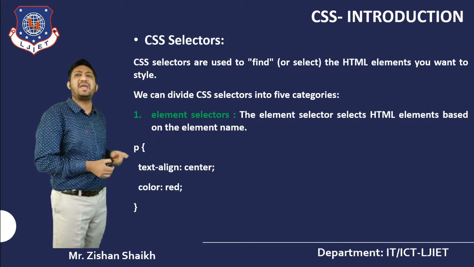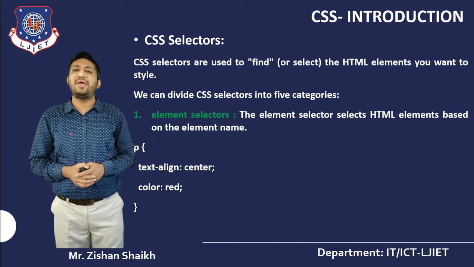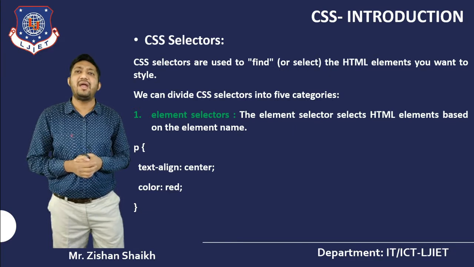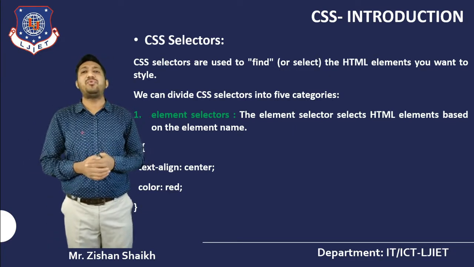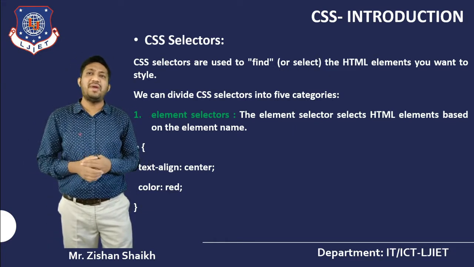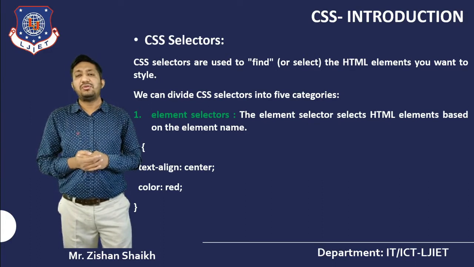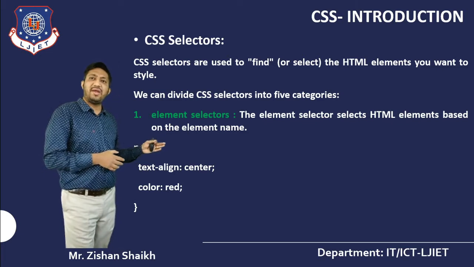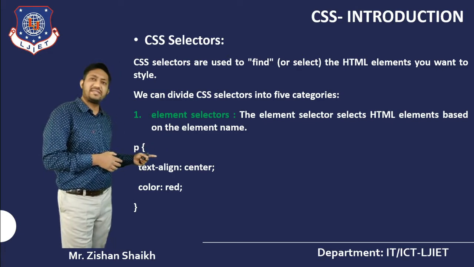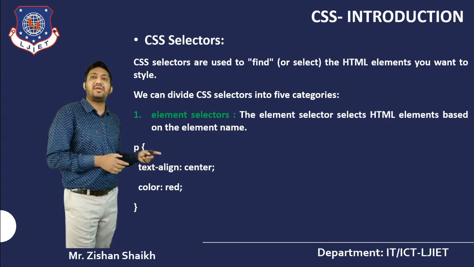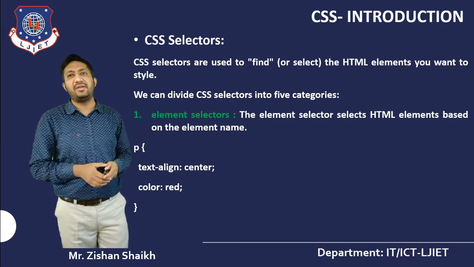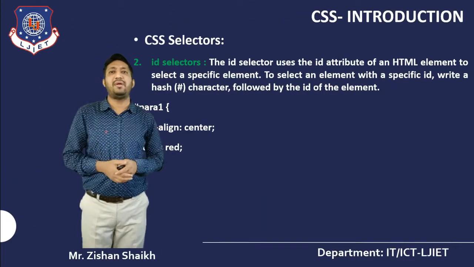We have one p tag in my HTML file, and in my paragraph I am writing "hello students". Suppose I want to apply CSS on that paragraph, then how can we write that code? For that we write: p, text-align center and color red. So whenever the p tag is written in our code, that will be applied.